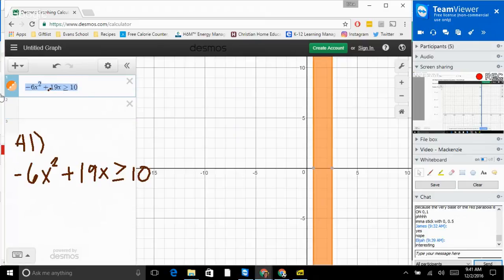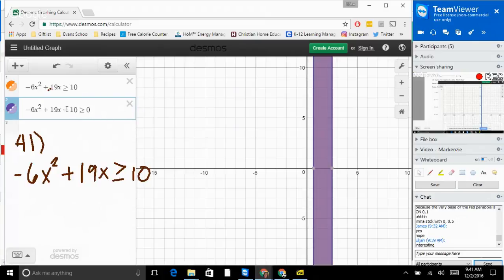Let's see, if I switch to my 0 on the other side, minus 10, I guess it does work in Desmos. I always flip it to the other side. It's just a habit from using my graphing calculator. So Desmos is smart enough to do it the same way. All right, so I guess you can just type it in like that in Desmos.